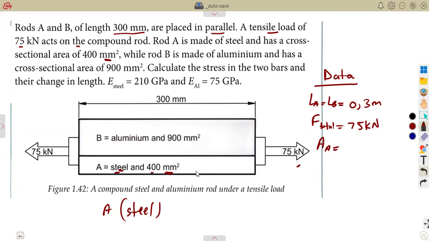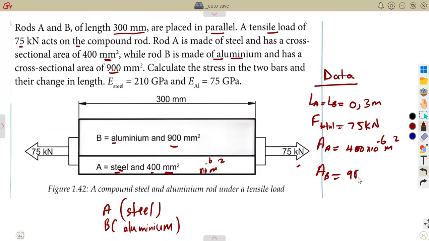Remember to convert to square meters: you multiply by 10 to the exponent of -6. So it's 400 times 10 to the exponent of -6 square meters. And for B, which represents the aluminium, the area at B is 900 times 10 to the exponent of -6 square meters.